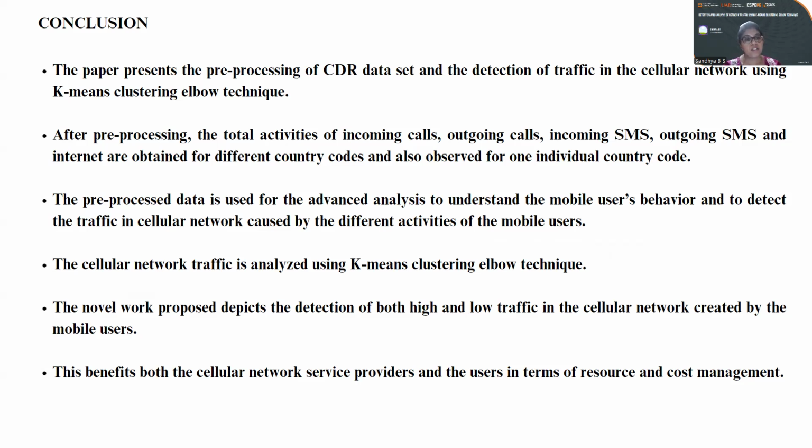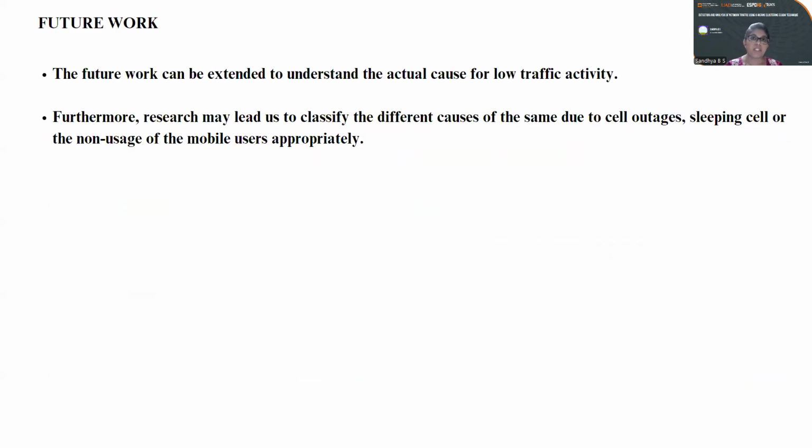The cellular network traffic is analyzed using K-means clustering elbow technique, which is verified with an arm-shaped graph. The novel work proposed depicts the detection of both high and low traffic in the cellular network created by the mobile users. This benefits both the cellular network service providers and the users in terms of resource and cost management.